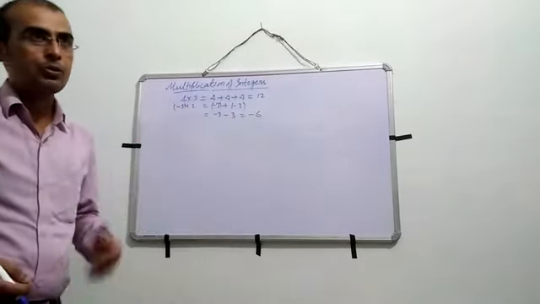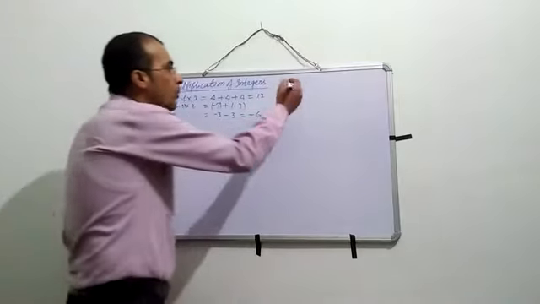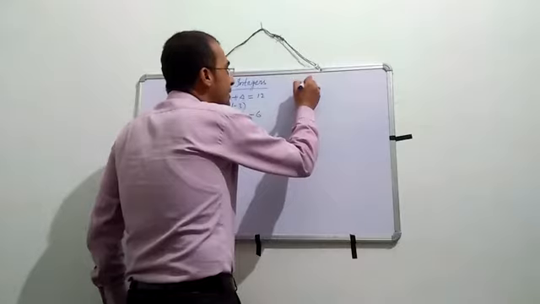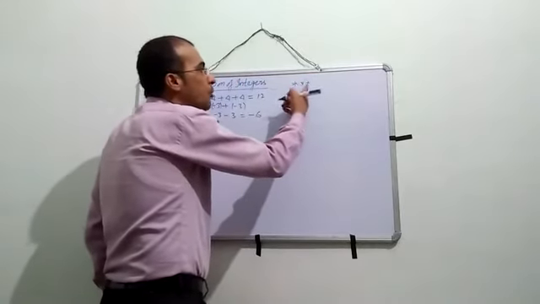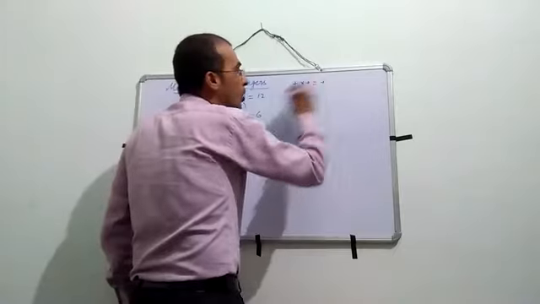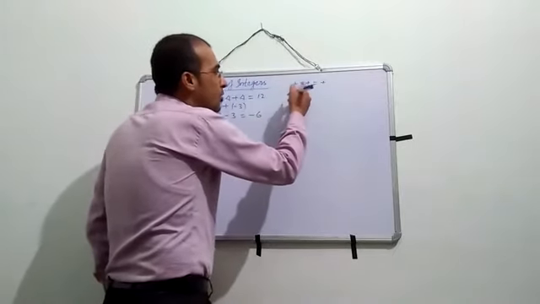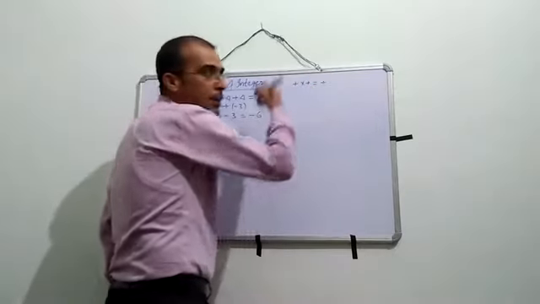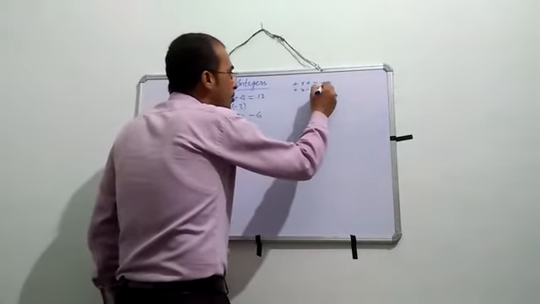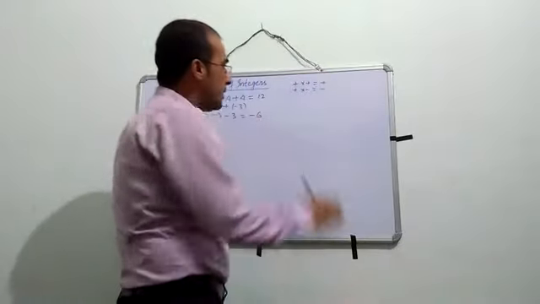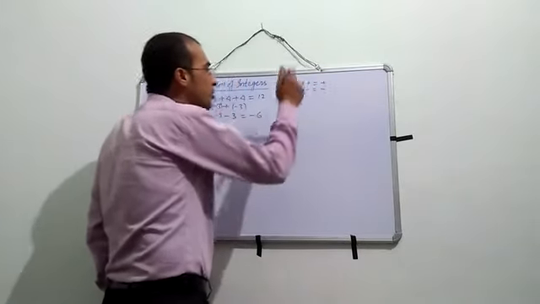How can we see that? We have to remember a rule. Plus into plus: a positive integer with a positive integer is always positive. Next, plus into minus is minus; a positive integer with a negative integer is always negative.